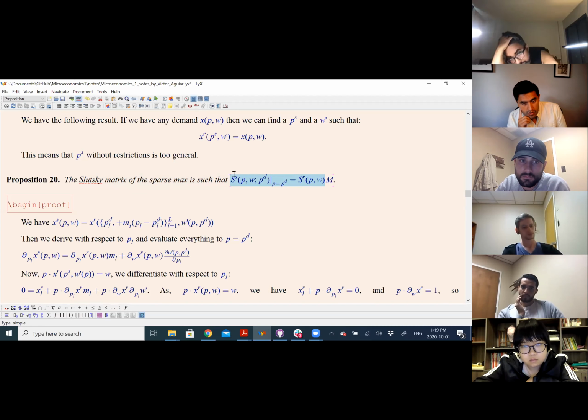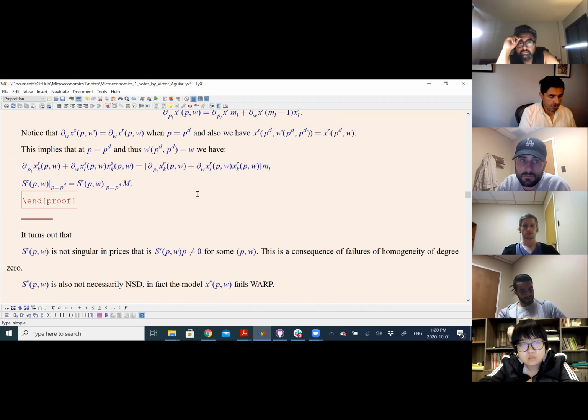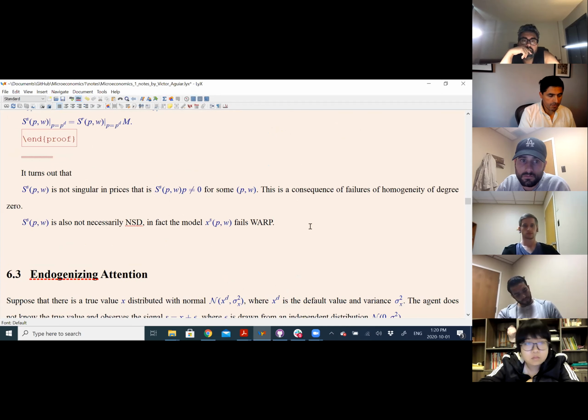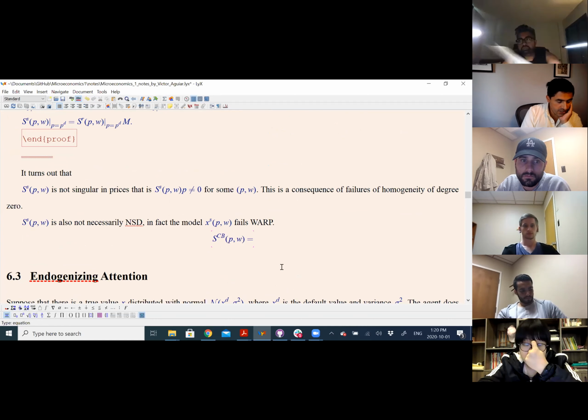I'm going to see this in a second. I'm going to send you a problem set doing this for the Cobb-Douglas model. But before going all the way, I'm going to give you a parametric example. So imagine the Cobb-Douglas, where the diagonal matrix is the M. Let me give you this example with the Cobb-Douglas.